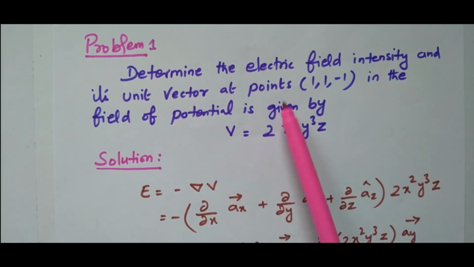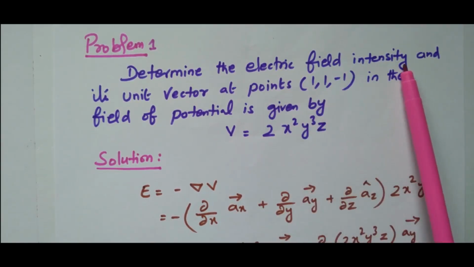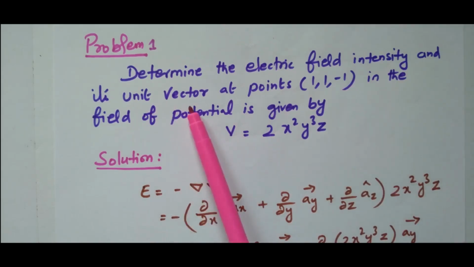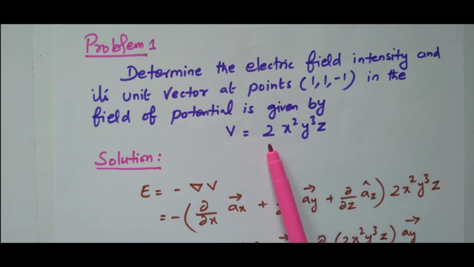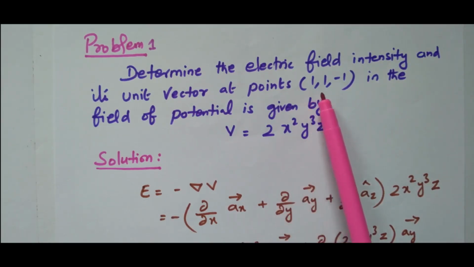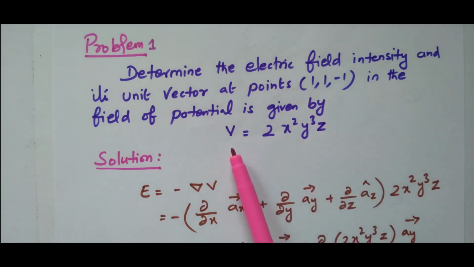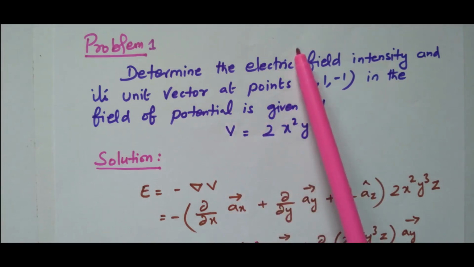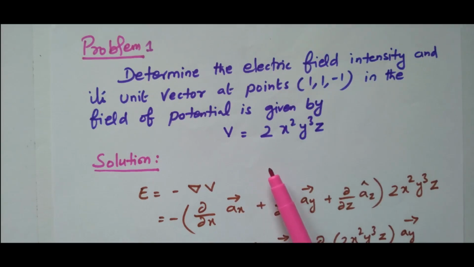So in this problem, we need to find the electric field intensity and unit vector. The potential equation is given, 2x square y cube z, and the point is also given, 1, 1, minus 1. So from V we need to find the expression for E.